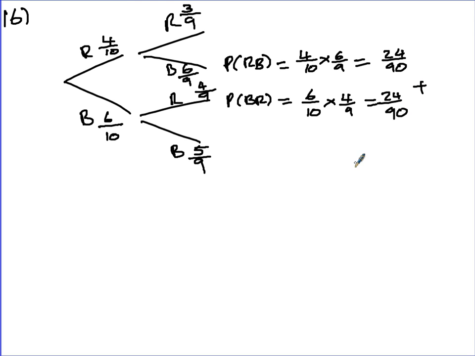Add the 2 together, so probability of 1 each is equal to 48 over 90. And then 48 over 90, you can actually divide down by 6, which will then give you 8 over 15.